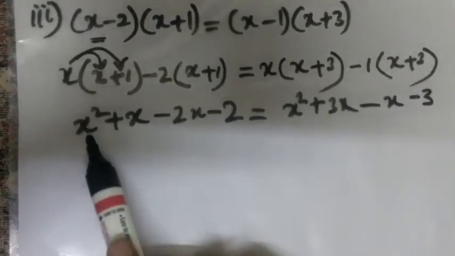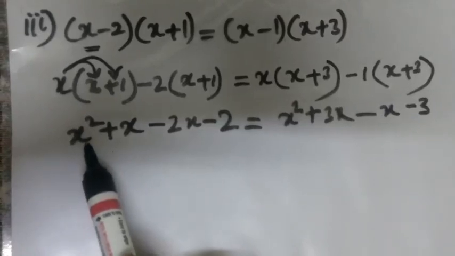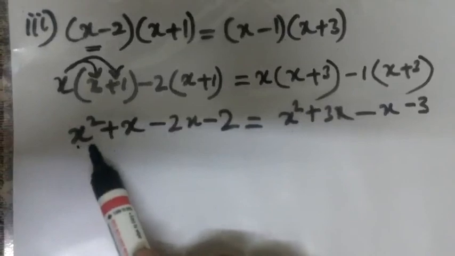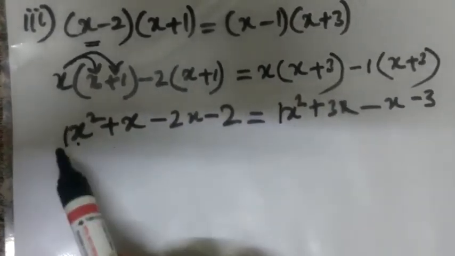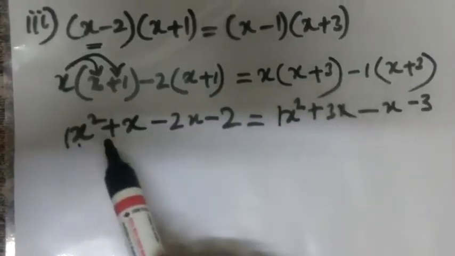Now here if you see, as I said, you should never ever make your x square negative. So if I transpose this here, or else if I transpose this x square there, they both have the same coefficient. So it doesn't matter whether I move all these terms from my right hand side to my left hand side.